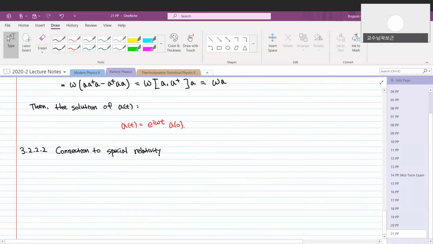With such a plane wave solution, we can find some vector field, for example a scalar field, with a very simple equation of motion having oscillating solutions such as a plane wave.